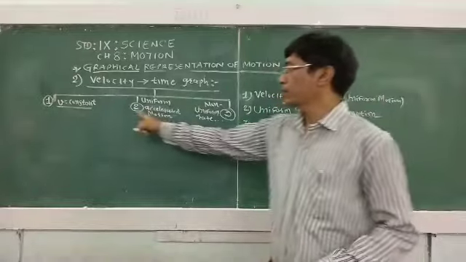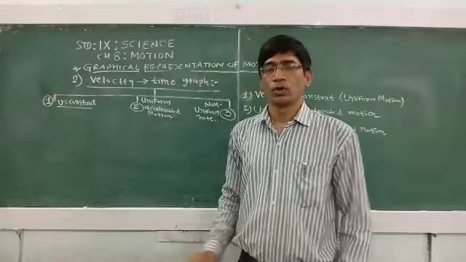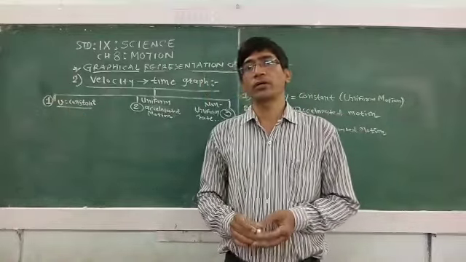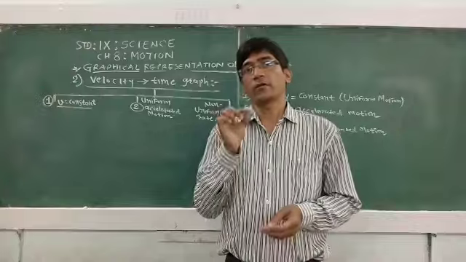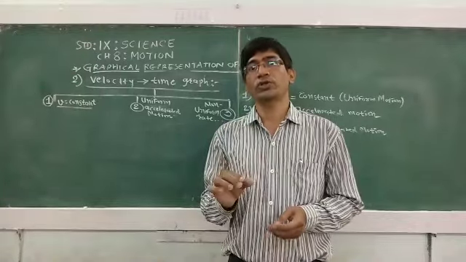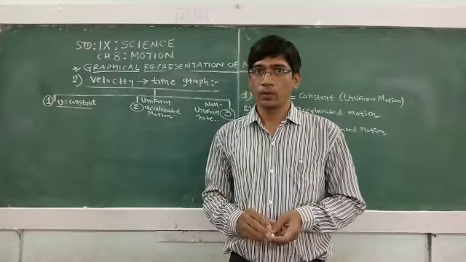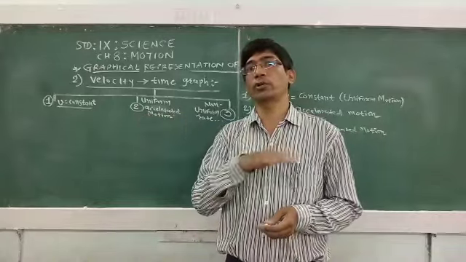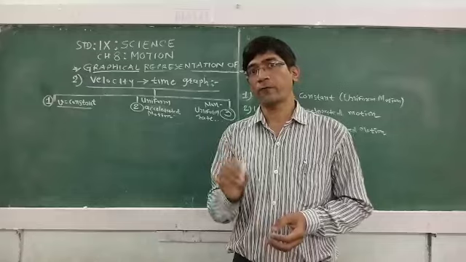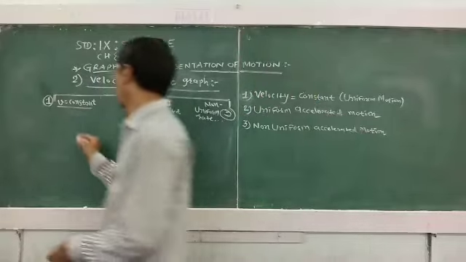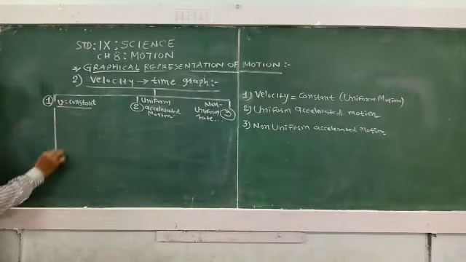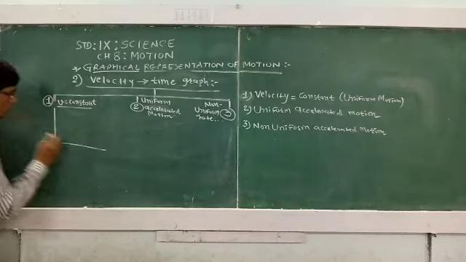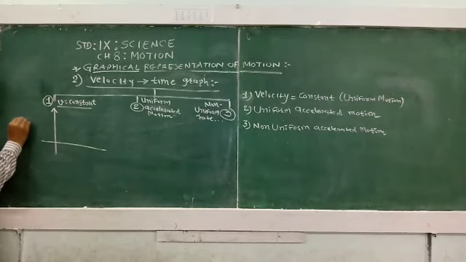First case, velocity is constant. In that case, we can say that velocity's value does not change with respect to time. So in that case, we can get the straight line which is parallel to the x-axis in the graph of the velocity versus time graph. Here on the y-axis we are taking the velocity and here the time on the x-axis.